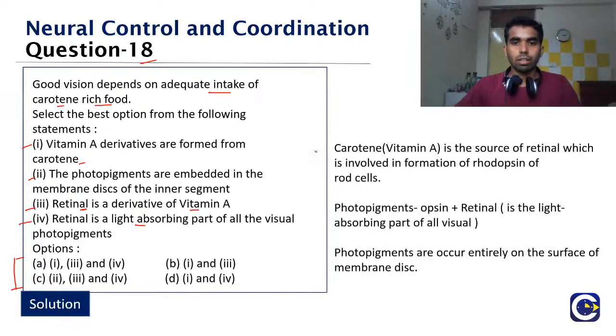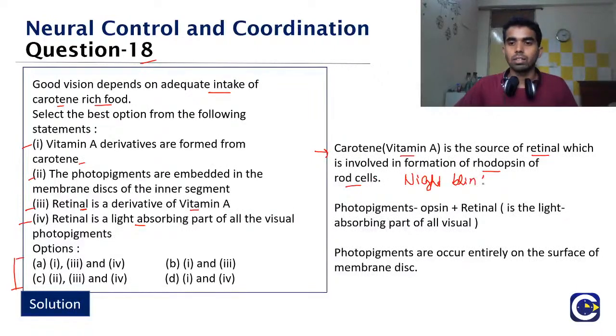The carotene, that is the vitamin A, is the source of the retinal, and it is involved in the formation of rhodopsin in the rod cells. I told you that the rod cells are responsible for night vision, and that is why if vitamin A is deficient in your body, it will lead to night blindness.